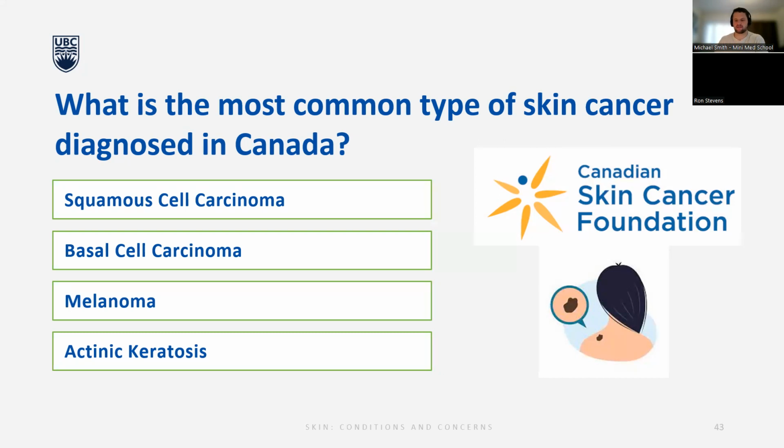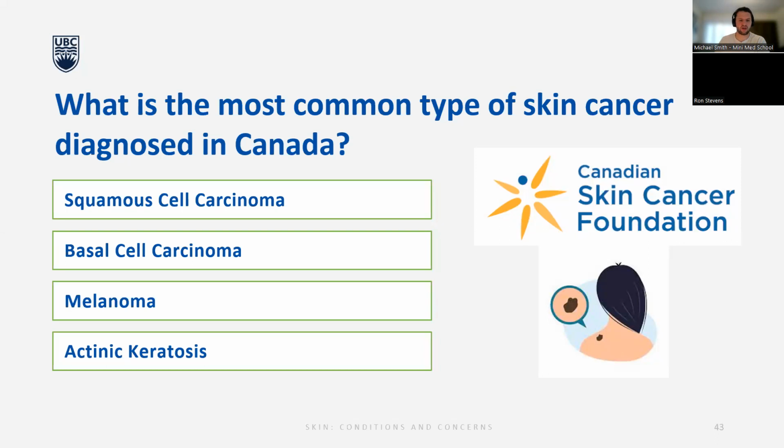All right, 5 more seconds. Okay, I'll end the poll there and share the results. The majority of people think basal cell carcinoma is the most common type of skin cancer. However, we do have a bit of a spread over the other types of cancer as well.